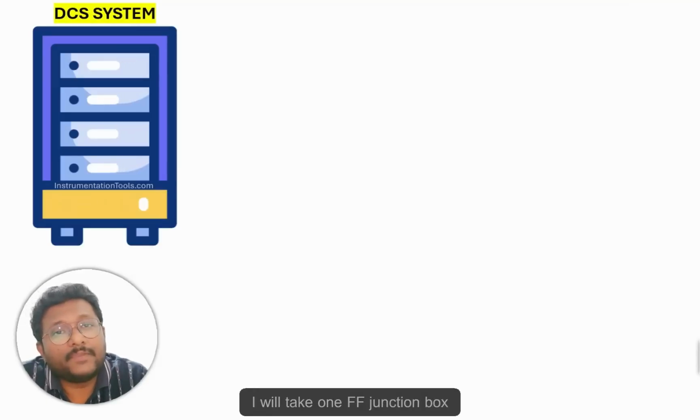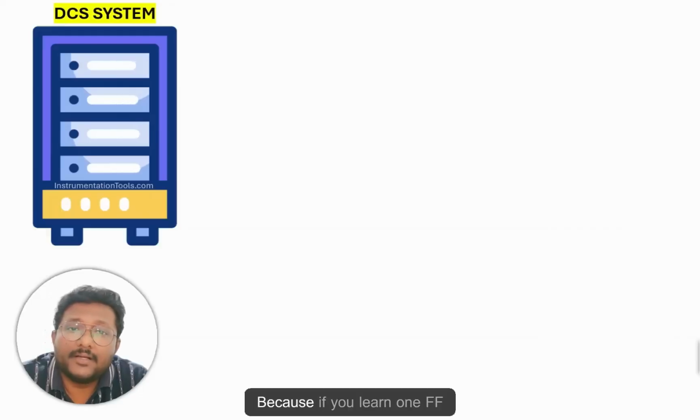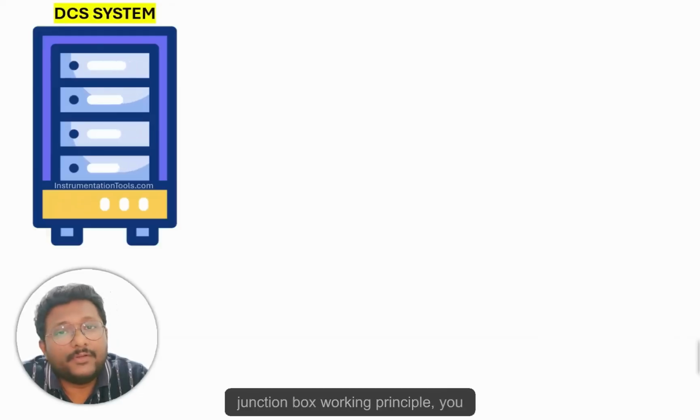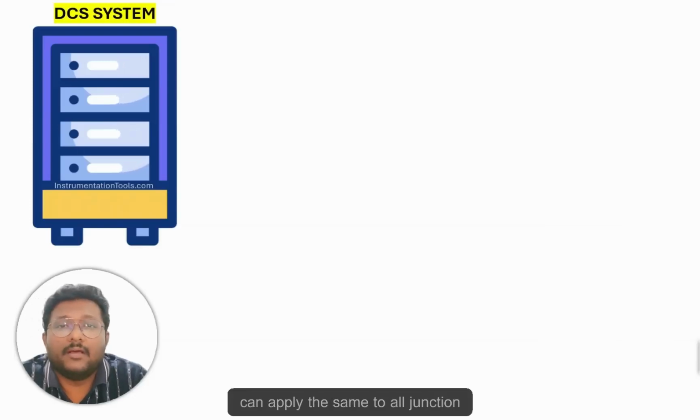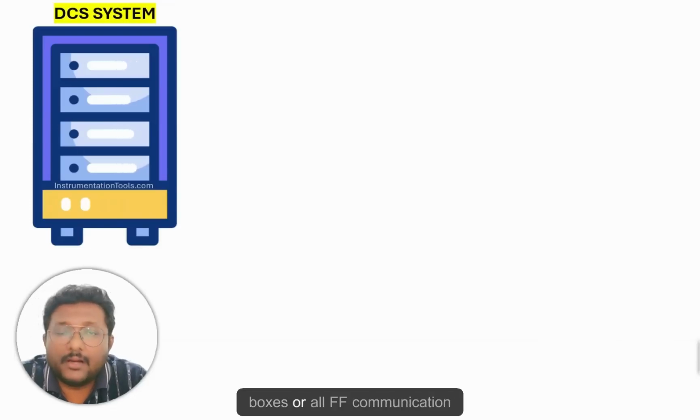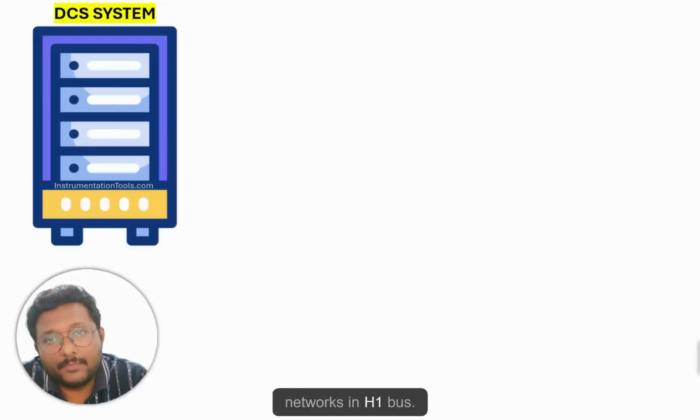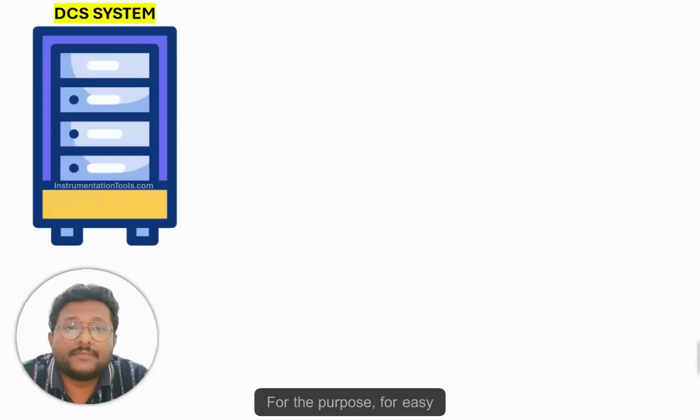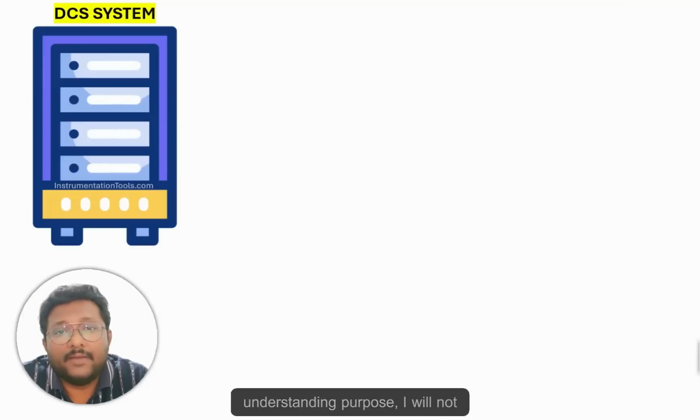I will take one FF junction box and I will only focus on that, because if you learn one FF junction box working principle, you can apply the same to all junction boxes or all FF communication networks in H1 bus. For easy understanding, I will not show you the junction box on the network.